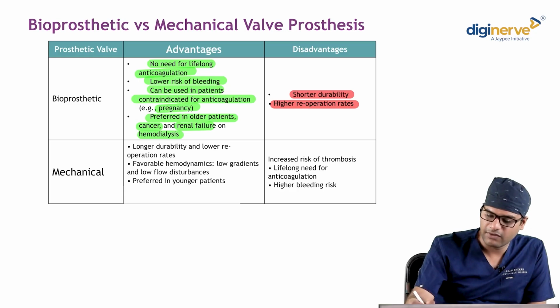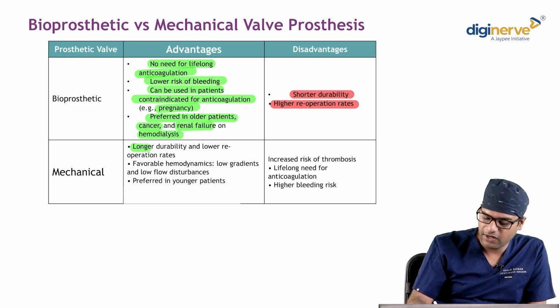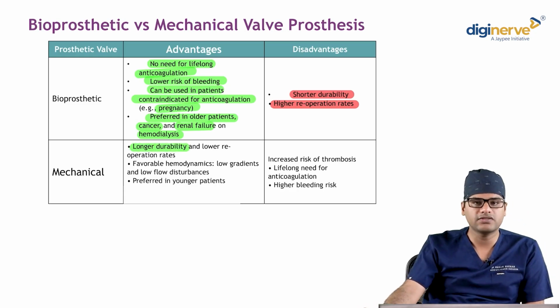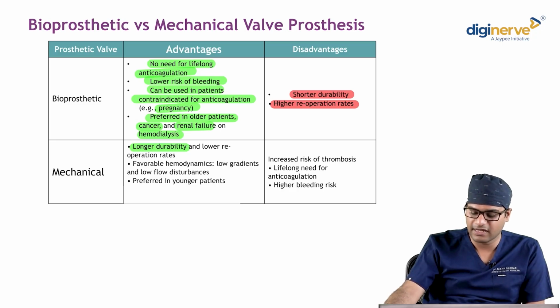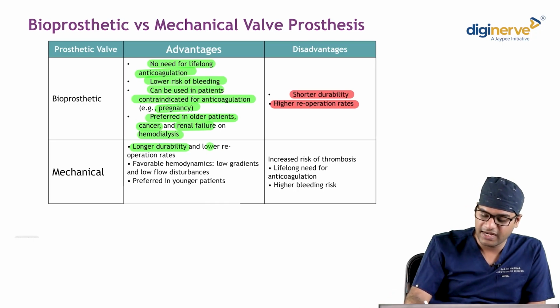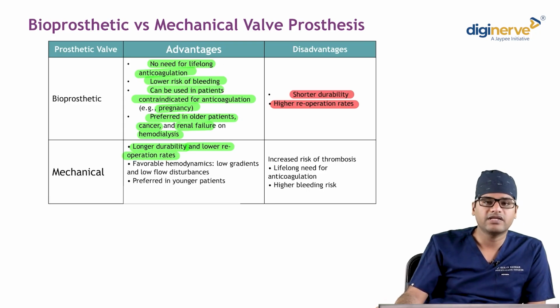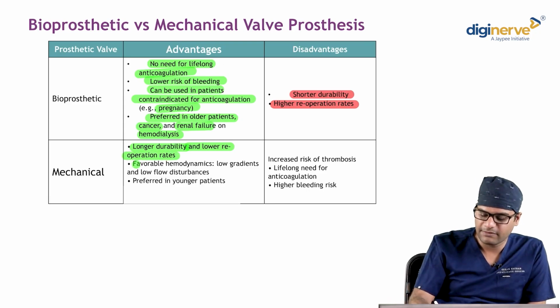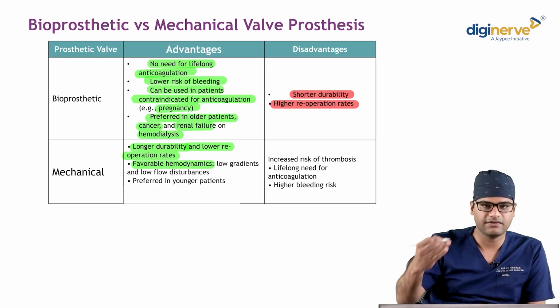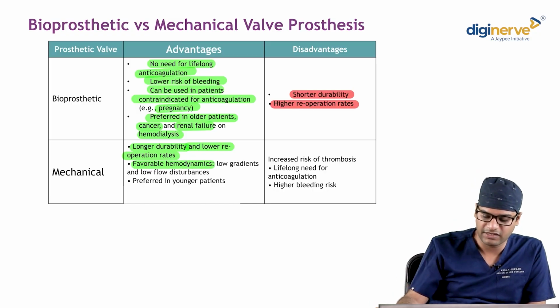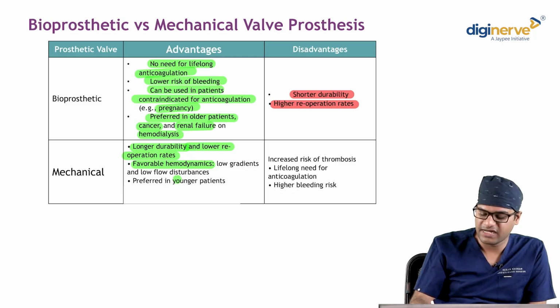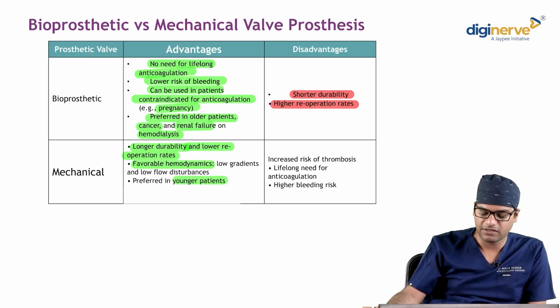Coming to the mechanical valve, the advantage being longer durability. The durability is close to 20 to 30 years as per studies and follow-ups, due to which there are low reoperation rates. Coming to the hemodynamics, favorable hemodynamics, but not as much as that of the bioprosthetic valve that is coming right now in the market. Most preferred in younger patients because of the durability itself. What is the disadvantage?